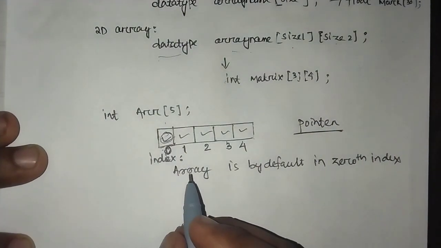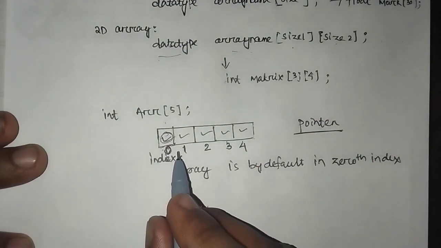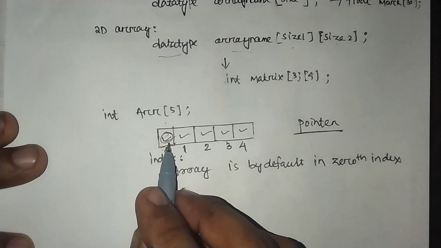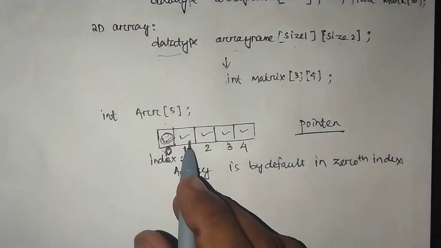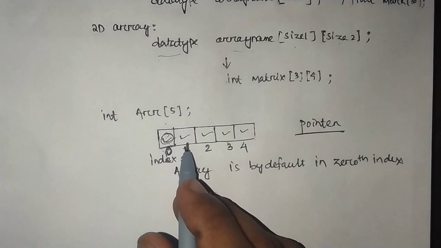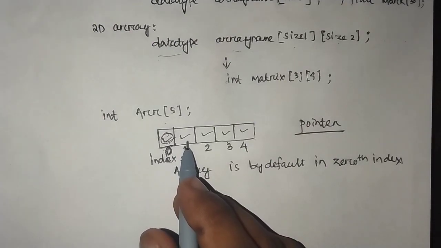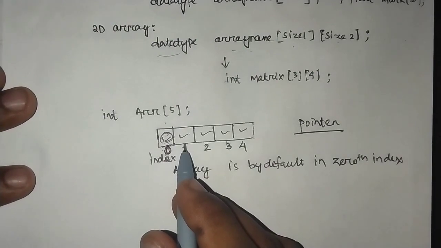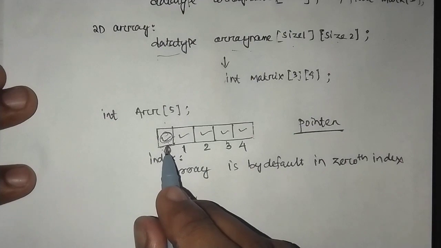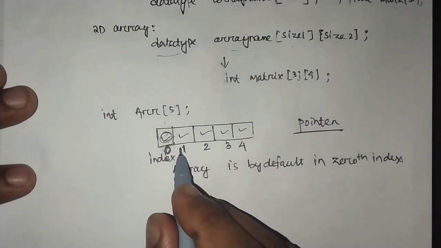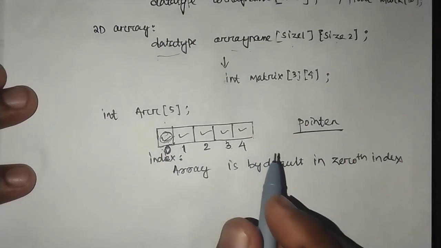It means if we do not declare the initial index of the array, by default it allocates the first one as 0th index, then first index, second index, third index, fourth index.